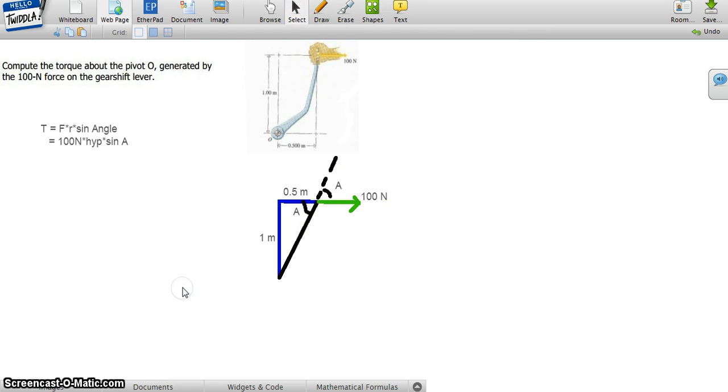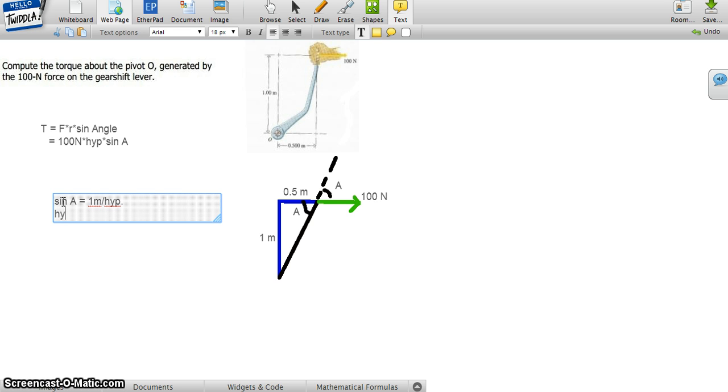And the reason why that's important is because when I do hypotenuse times the sine of angle A, remember what sine is defined as, SOHCAHTOA, right? Sine of A is defined as 1 meter divided by the hypotenuse.